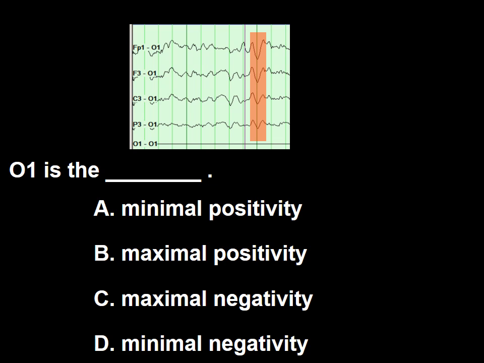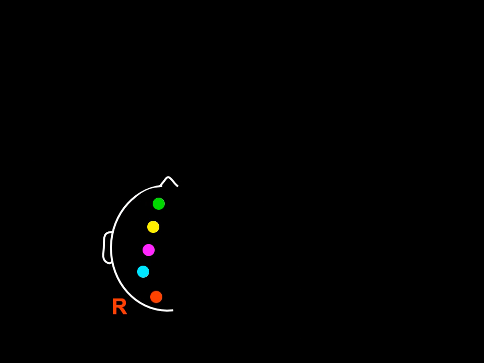Next question. O1 is A. Minimal positivity. B. Maximal positivity. C. Maximal negativity. D. Minimal negativity. The first figure in this frame is an isopotential map with 5 scalp electrodes.